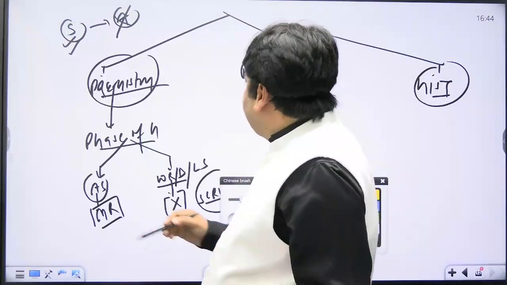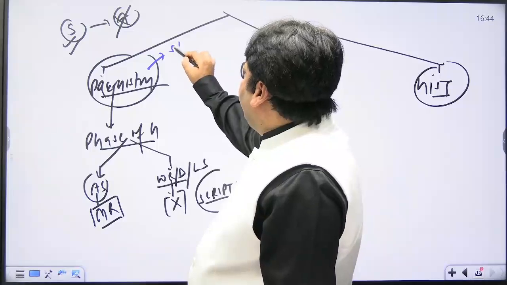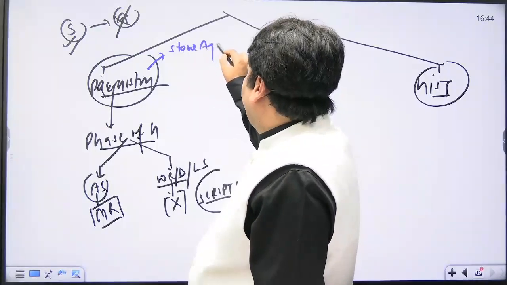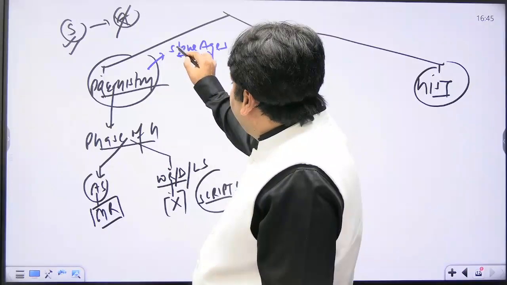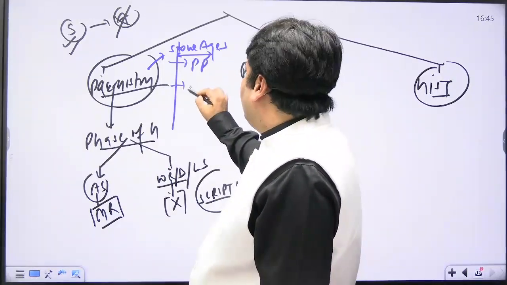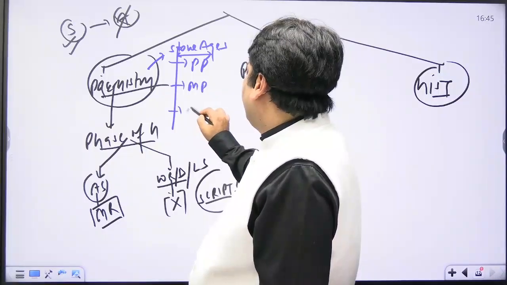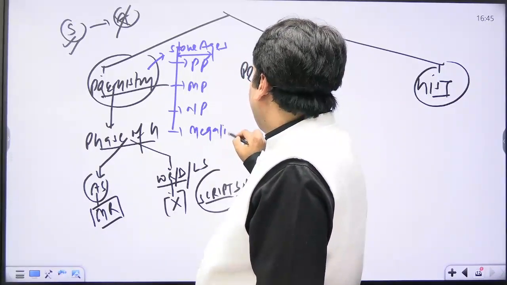So on this basis, we will consider that the Stone Ages were what? Prehistoric phase. And when we say Stone Ages, it simply means we are talking about the Paleolithic period, the Mesolithic period, the Neolithic period, and also the Megalithic cultural phase.